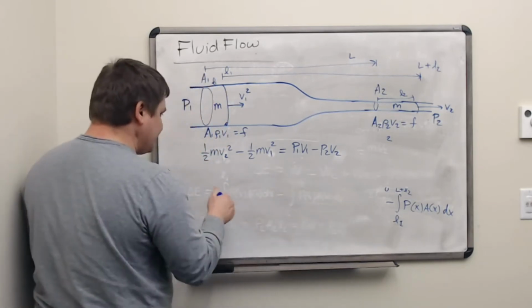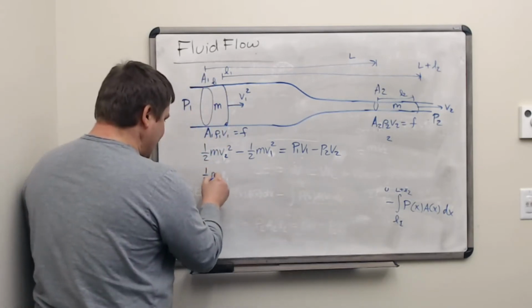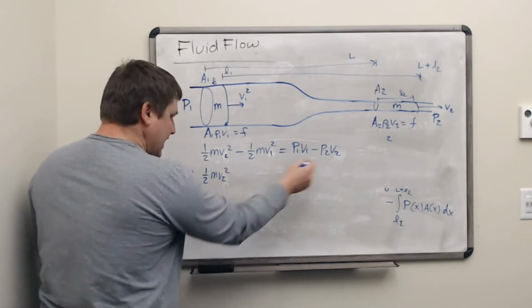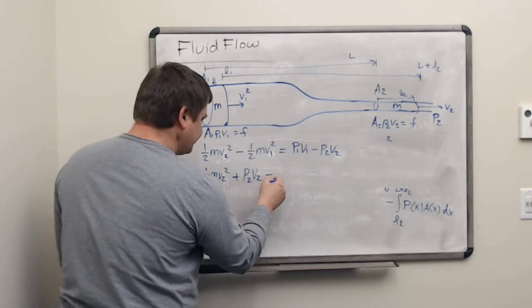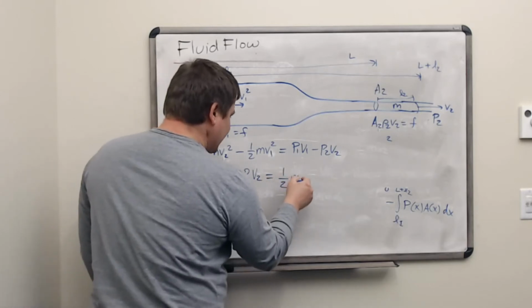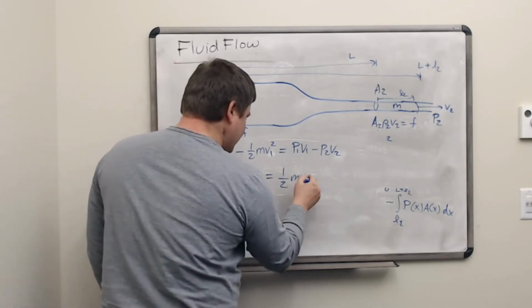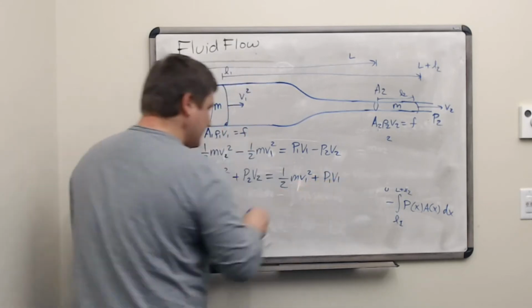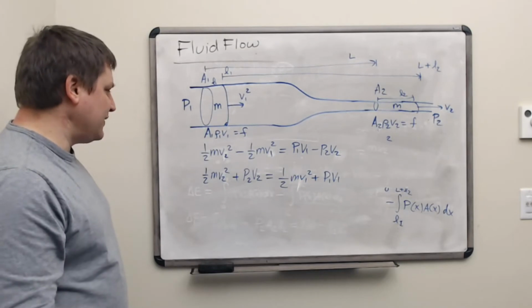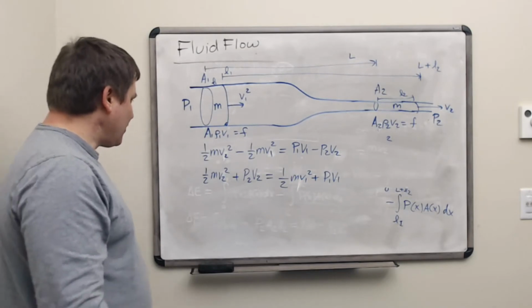So when we do that, we'll have 1/2 m v2 squared, and then we'll move the P2 over here, so P2 V2. And then we'll move the kinetic energy to the right side for situation 1. All right, and we're almost done.